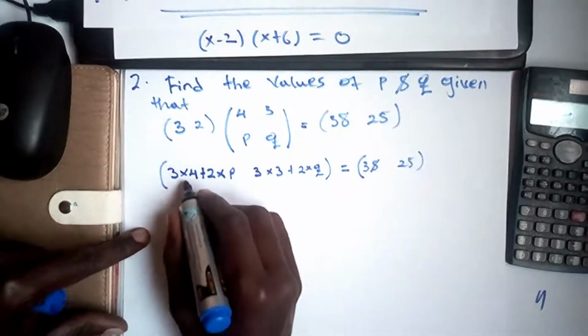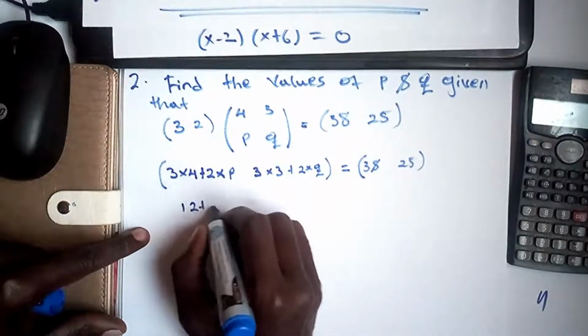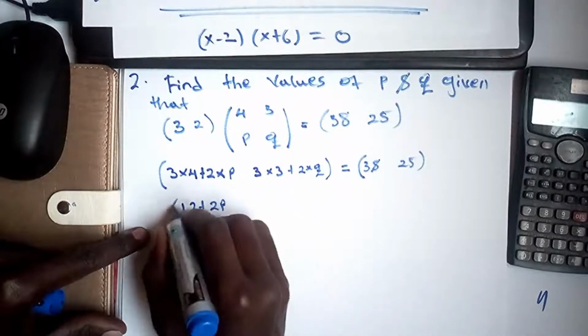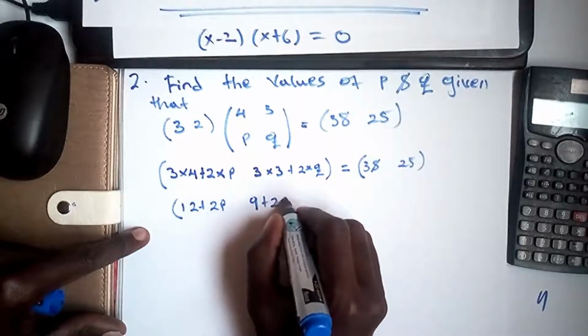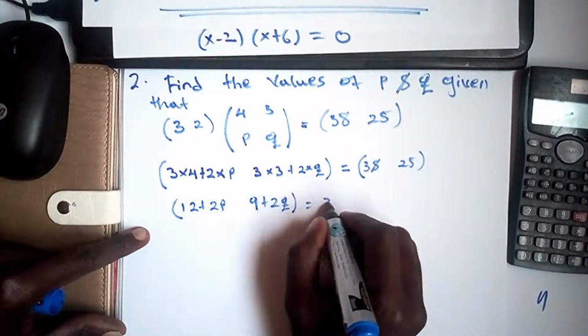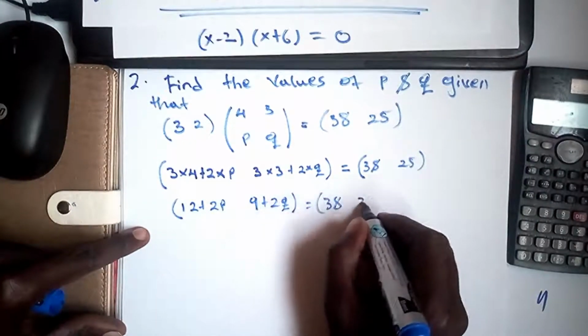So we are going to have 12 plus 2P. We shall have 9 plus 2q is equal to 38, 25.